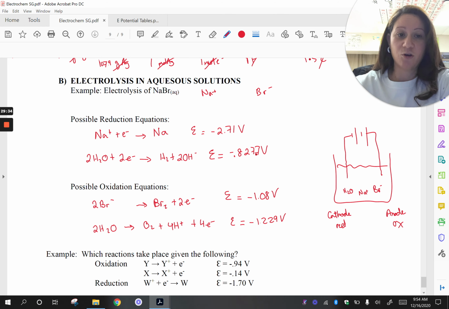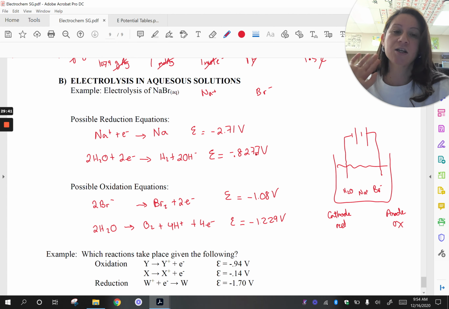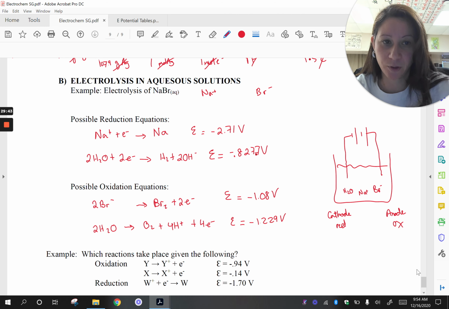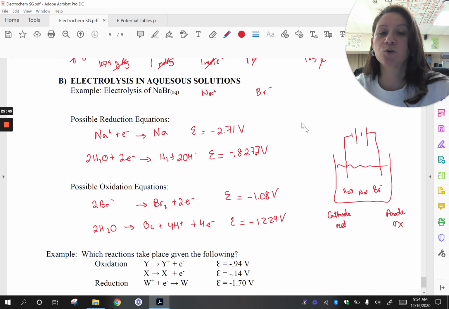Okay, so why are we putting these in? Well, because water could also get oxidized or reduced. So what actually happens? Do all four things occur? Well, it depends on your power supply. The one that's more likely to occur is the one that needs the least amount of voltage. Comparing these two, in order for this to happen, I supply 2.71 volts. In order for this to happen, I only need to supply 0.8277 volts.